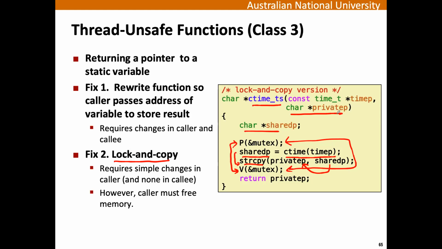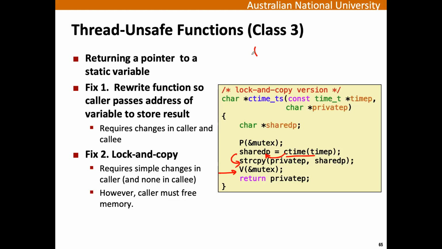You use a lock, so only one thread calls ctime, and whatever is returned by ctime, before you unlock the critical section, you copy that result into a different variable. But this copy might be very expensive. In fact, it's not just copying a variable. This might be what is called a deep copy.